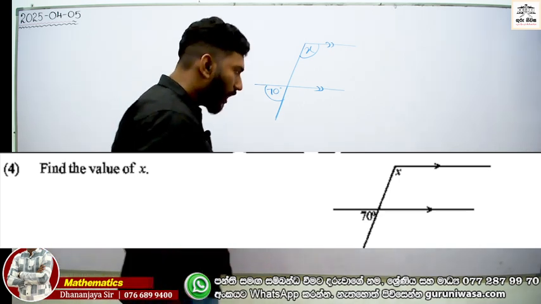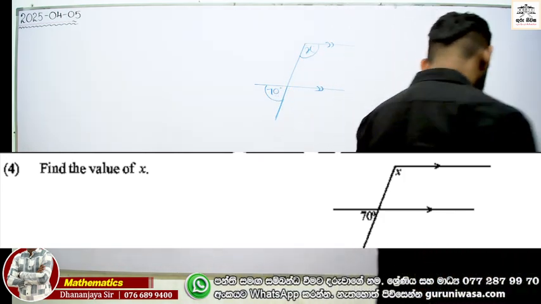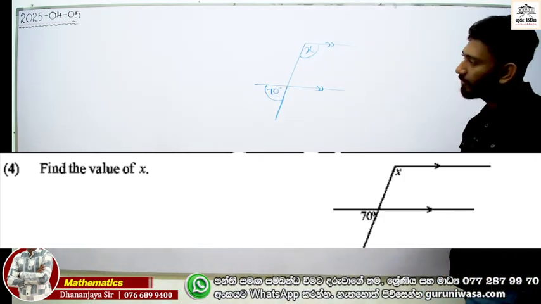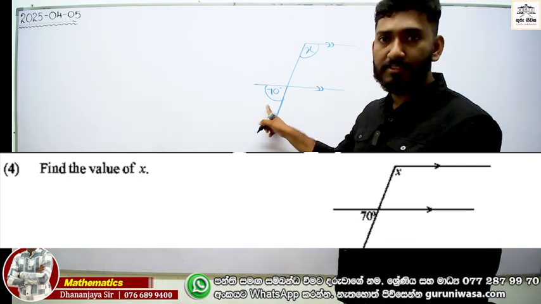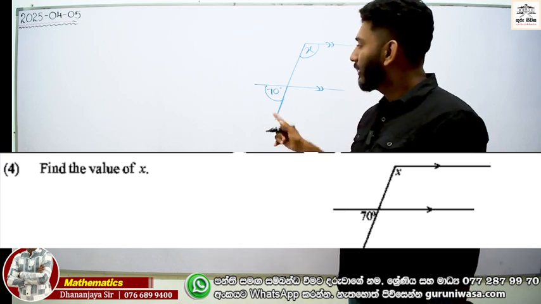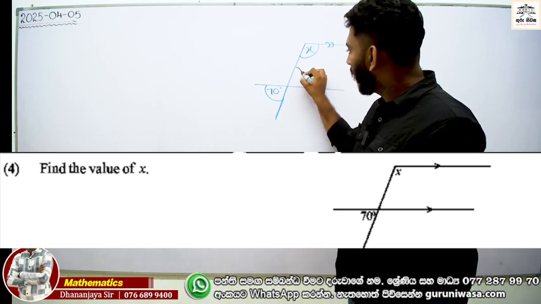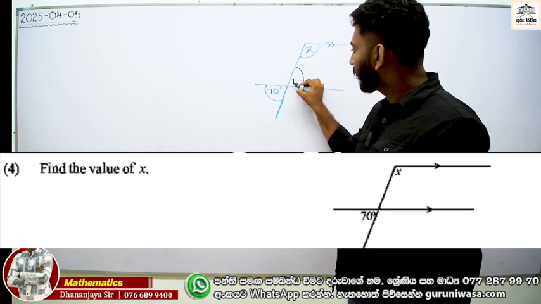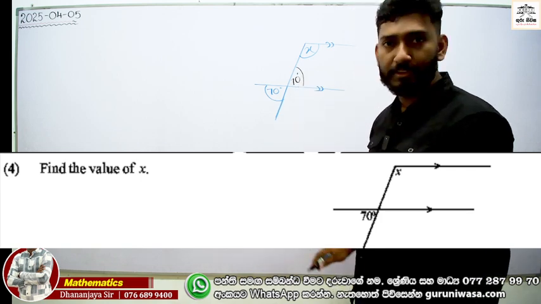Right. How to find the answer? Now look at this. There are so many methods, right? And you know, here's a 70. We are always looking for numerical values, right? Here's a 70. Therefore, there is also 70 because vertically opposite.